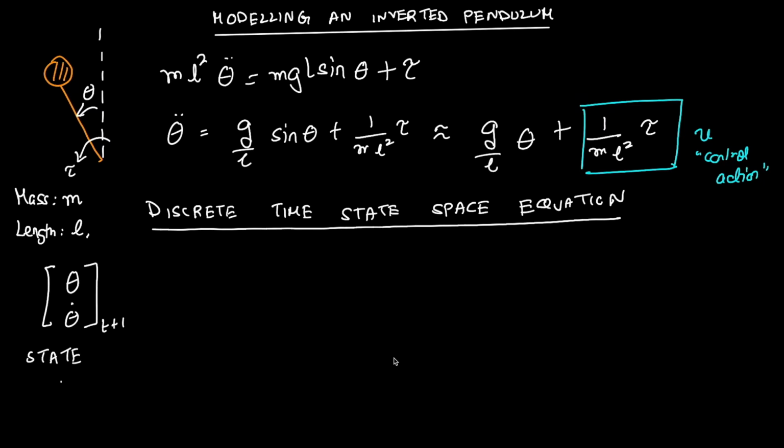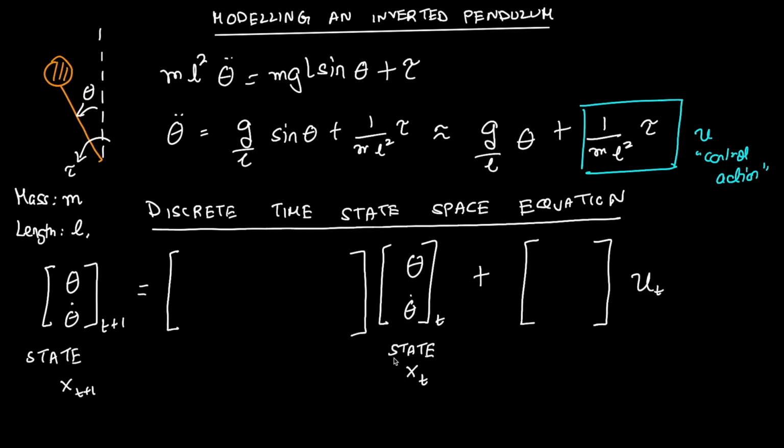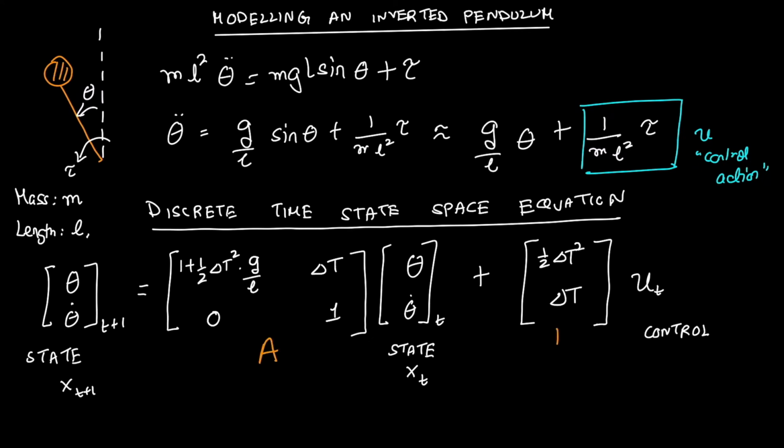We will define the state as both the position and velocity for Markovianness, and link future state at t plus 1 to current state t and current control action u_t. Now a little bit of calculus will give us the coefficient matrices of these two terms, A and B. It's worth noting that the dynamics of this system is indeed linear.